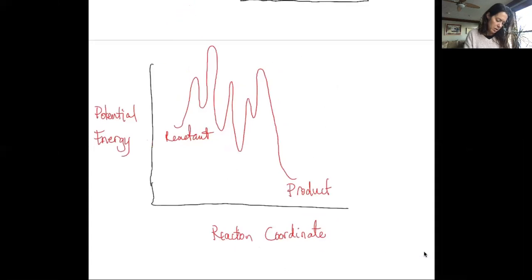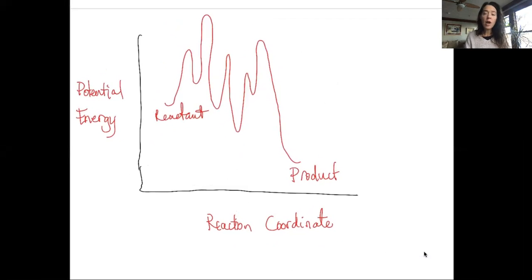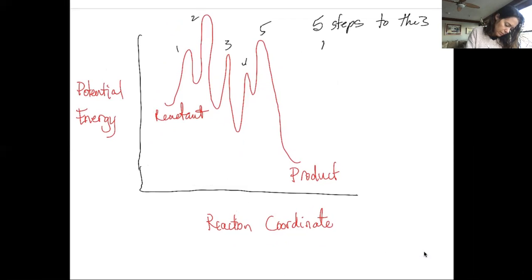All right, last one, and we're done here. What can we infer from looking at this graph? Well, we can infer that there are 1, 2, 3, 4, 5 steps to this mechanism. Right, we can infer that.